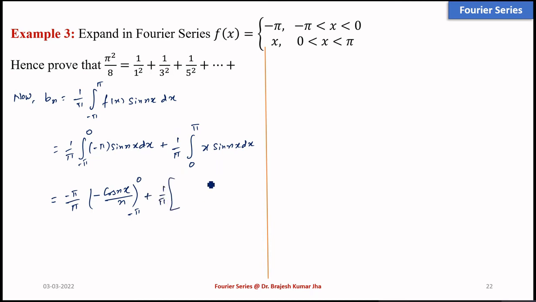Okay, integration by parts that we can take, so it is x cos nx by n, the minus sign we can take, 0 to pi, and minus differentiation of x is 1, so it is integration 0 to pi of minus cos nx by n dx. So what we have done right here.